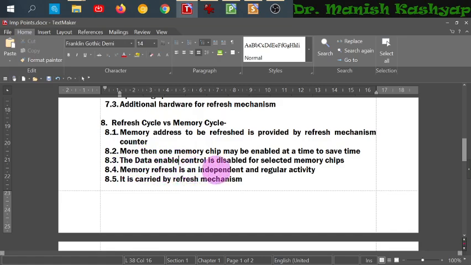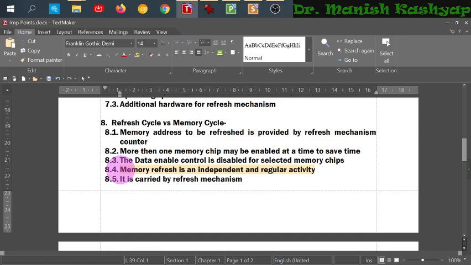Memory refresh is an independent and regular activity, and it consumes the processor's time. There is separate hardware dedicated to refreshing the DRAM, and it refreshes the complete DRAM. The frequency is typically of the order of 10 to the power of 3, meaning that in 1 second it will refresh 1000 times or its multiples.